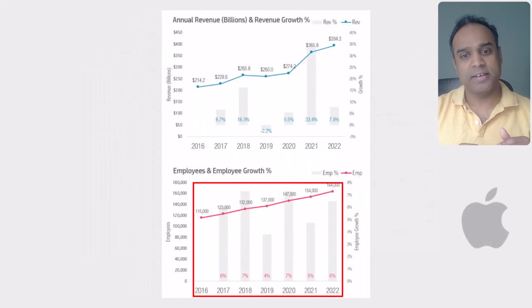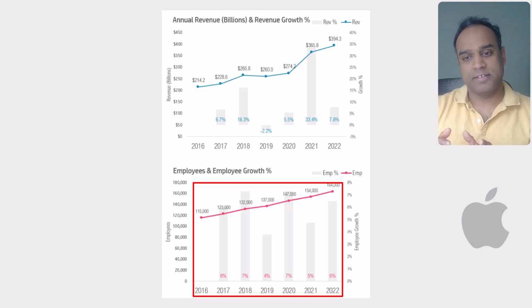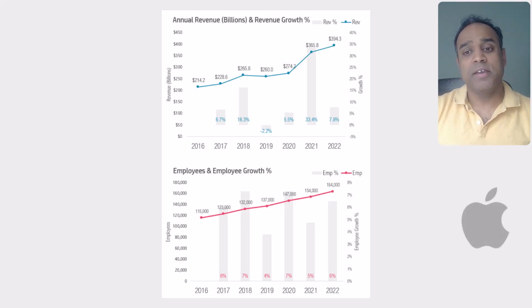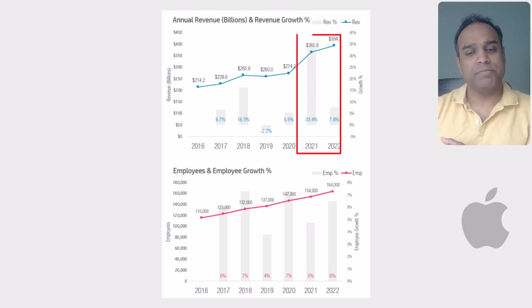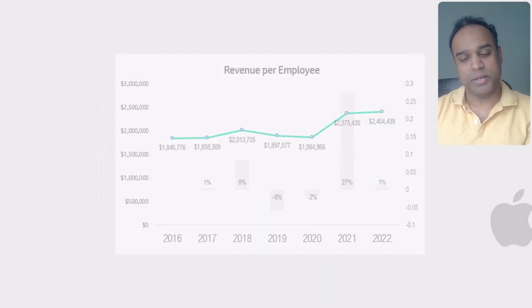You don't see a sudden increase in the percentage hired, and that is very unique to see here. This leads to a healthy revenue per employee that they were able to retain even after the revenue growth declined in 2022. The revenue per employee still is pretty healthy, and it has grown from 2021.